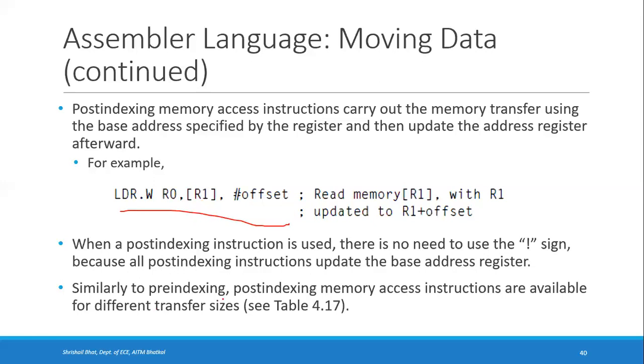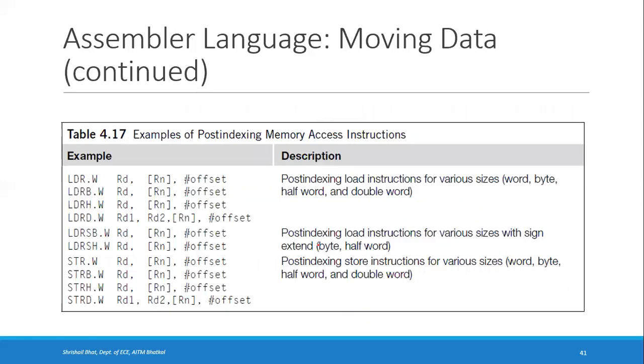Similar to pre-indexing, the post-indexing operations are also available for different sizes, for bytes, half words, and double words. This is the basic instruction: ldr.w indicates a 32-bit instruction, Rd comma in the brackets Rn comma hash offset. If you use B, H, D, you will be using it for byte, half word, and double word.